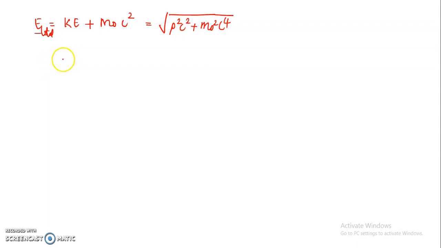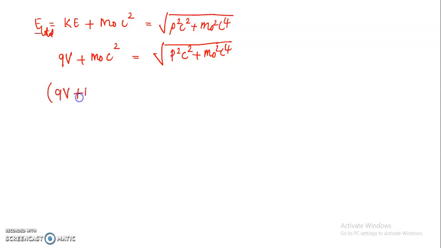So the total energy equals kinetic energy plus rest energy m0 c square, which equals root of p square c square plus m0 square c raised to 4. For the charged particle, the kinetic energy is QV, so QV plus m0 c square equals root of p square c square plus m0 square c raised to 4. Squaring both sides, we get QV plus m0 c square whole square equal to p square c square plus m0 square c raised to 4.